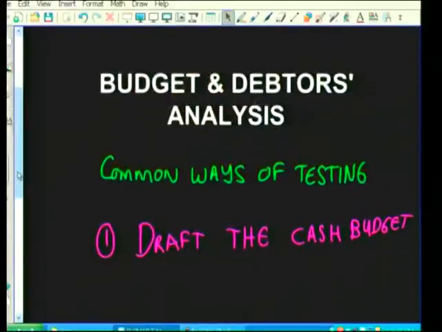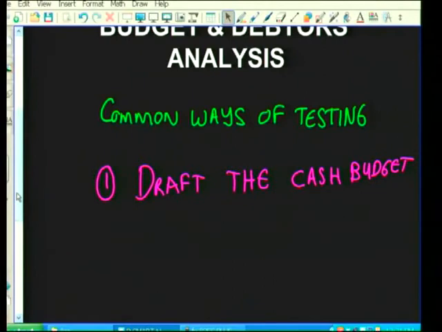So if we look at the most common ways of testing cash budgets, the first way in which the examiner can test this section is by probably asking you to draft the cash budget. In other words, to complete an actual cash budget.